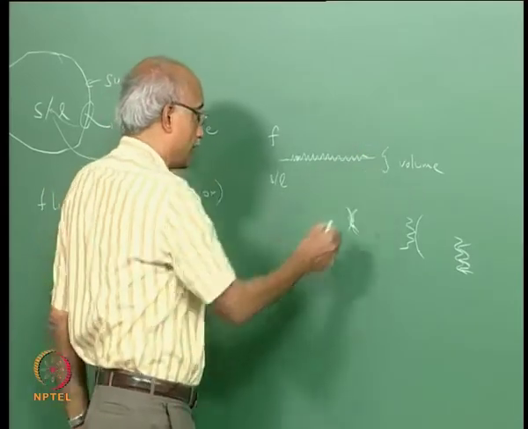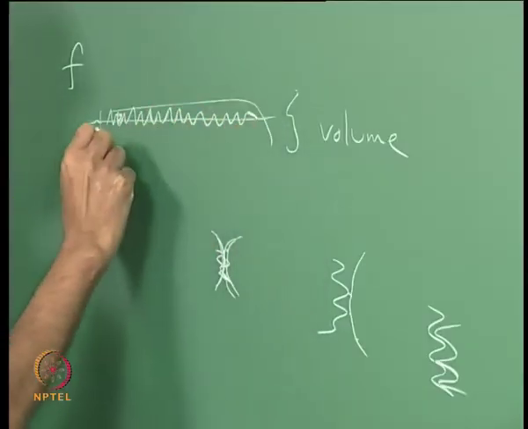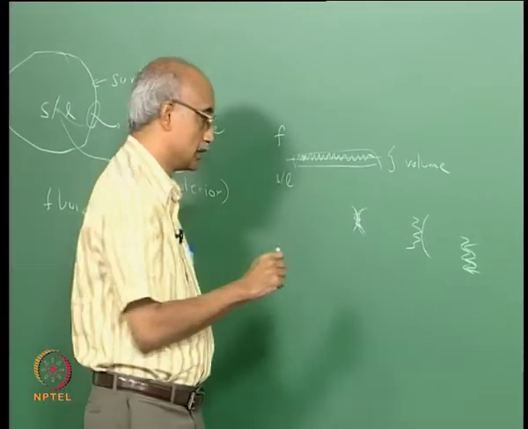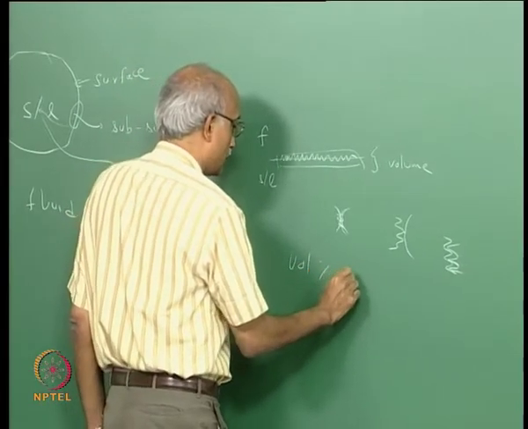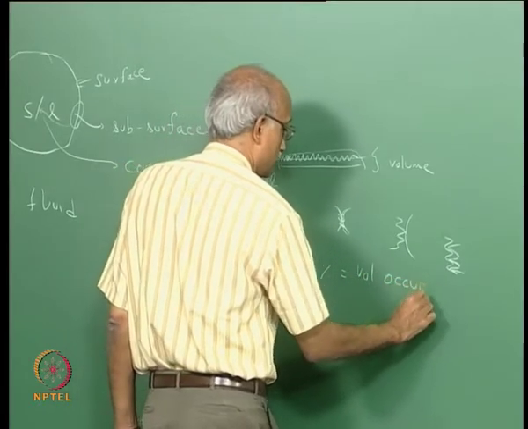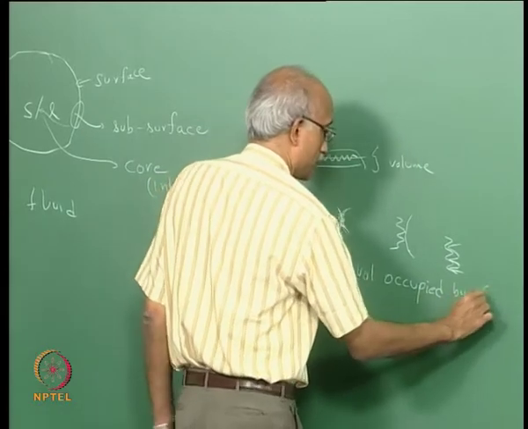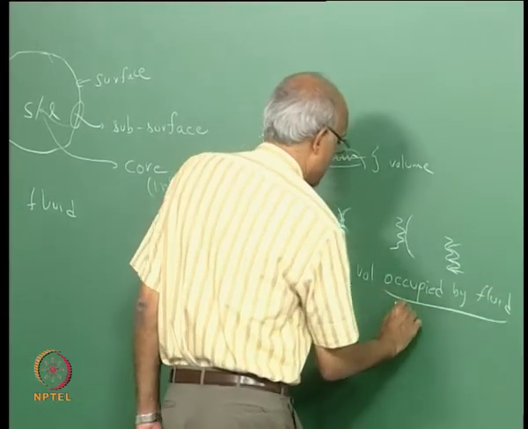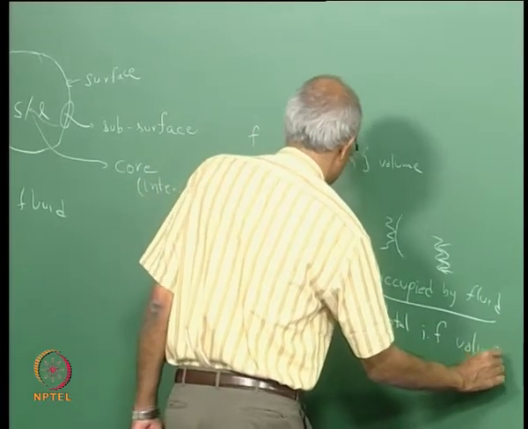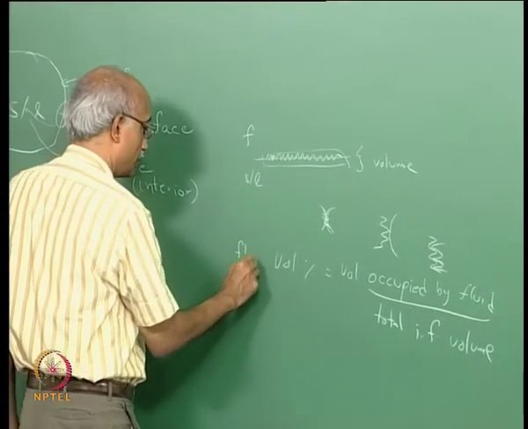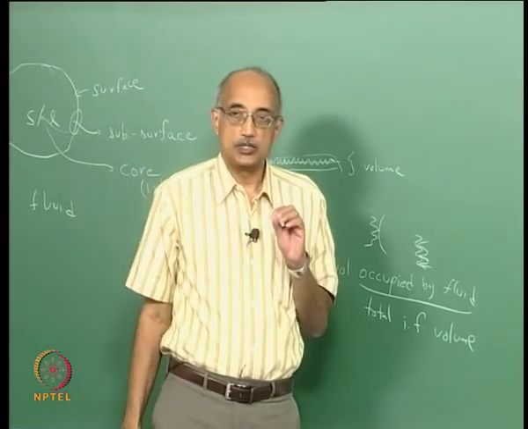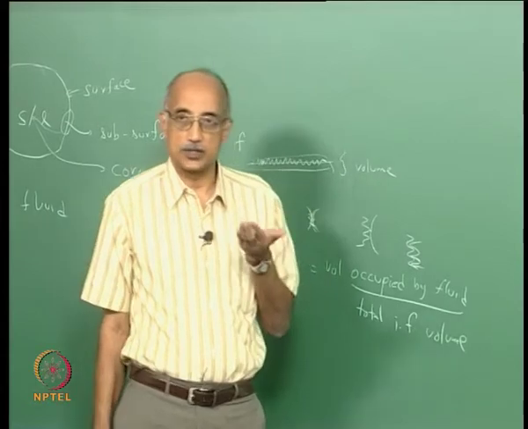Because it's a volumetric interface, if I just take a slice of this surface and estimate the volume percentage of the fluid on the surface, which would be essentially the volume that is occupied by fluid to the total interfacial volume, so this is your fluid volume percentage. This parameter actually has a huge influence on the properties of the surface itself.